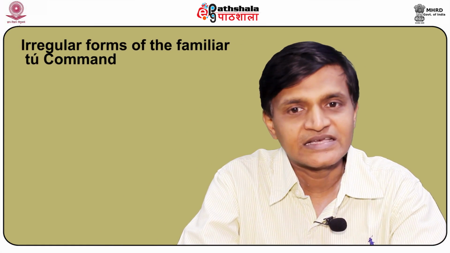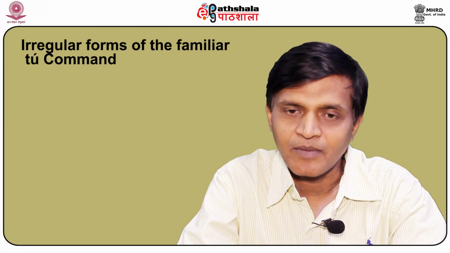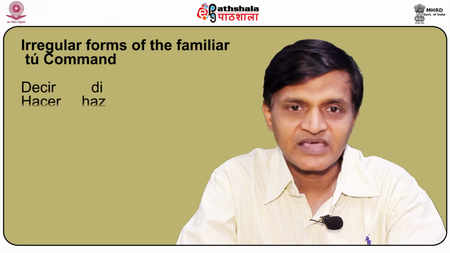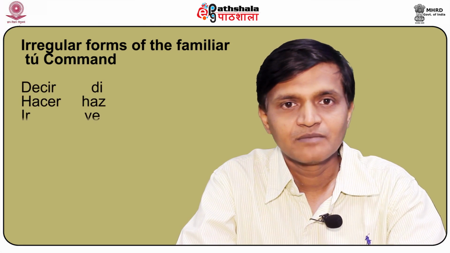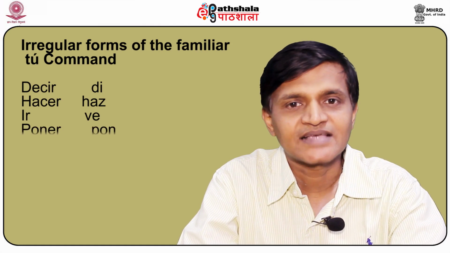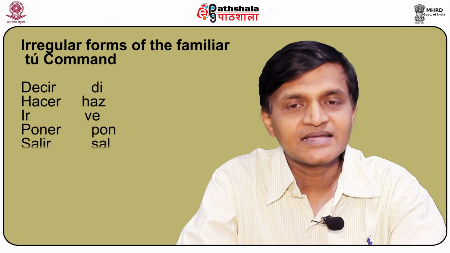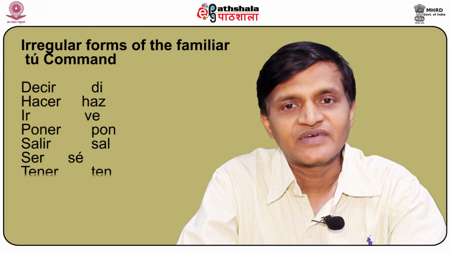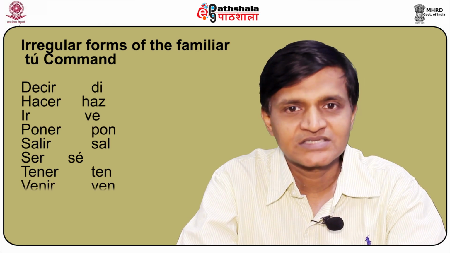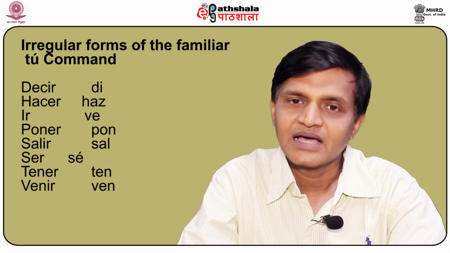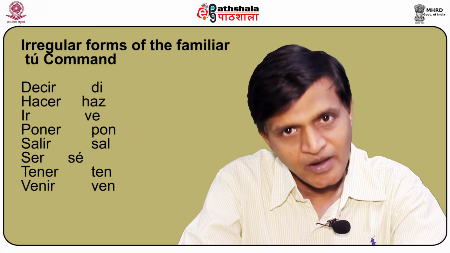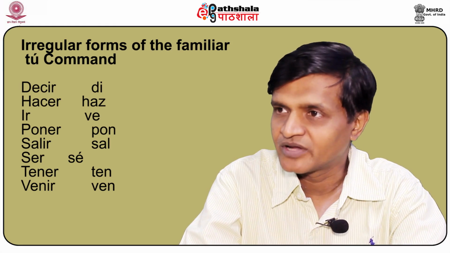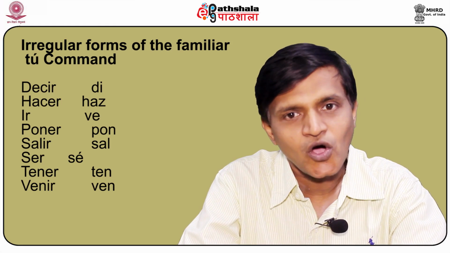For example, decir is conjugated in the command form as di, hacer as haz, ir as ve, poner as pon, salir as sal, ser as sé with an accent, tener as ten, venir as ven. So, pon, sal, ten, ven, di, haz, ve are the command forms that we have learnt right now of decir, hacer, ir, poner, salir, ser, tener and venir verbs.